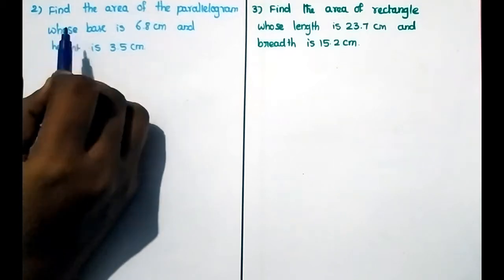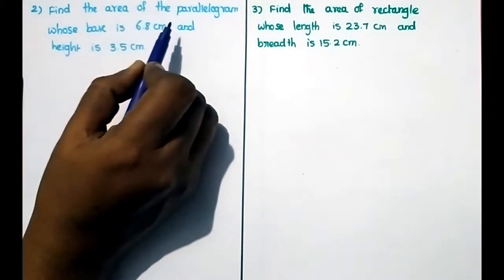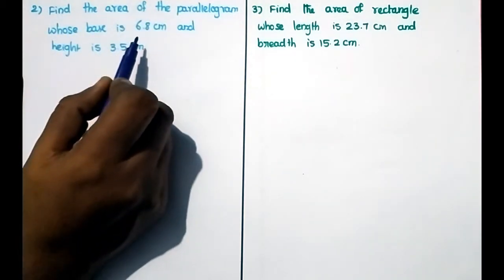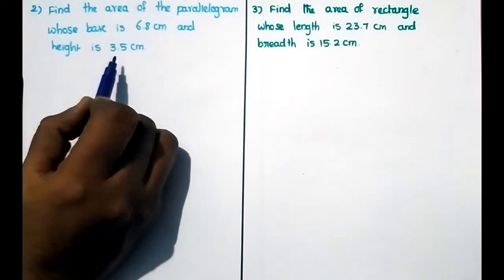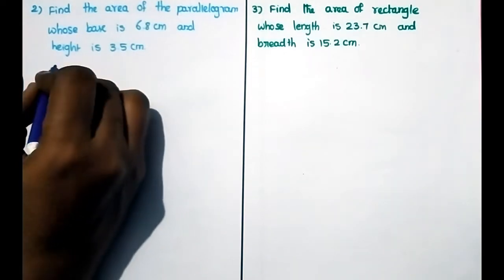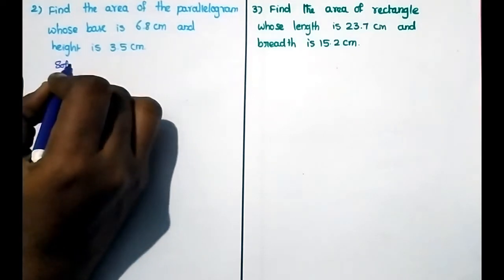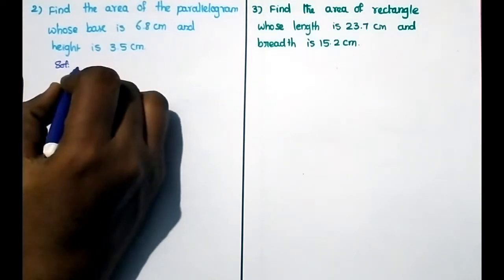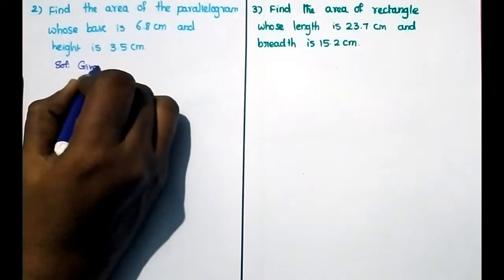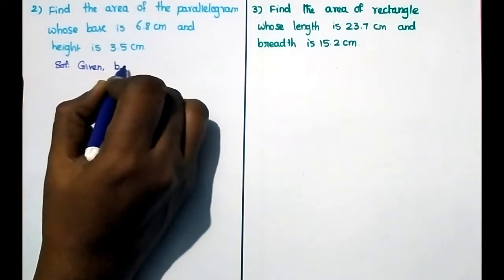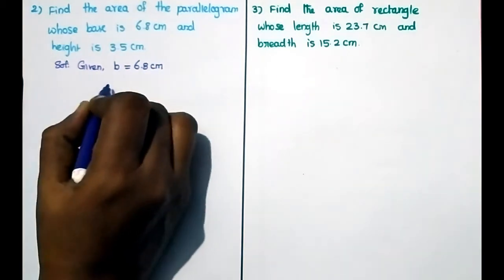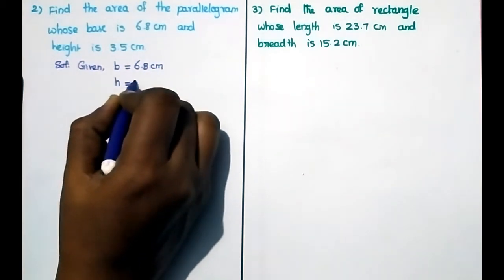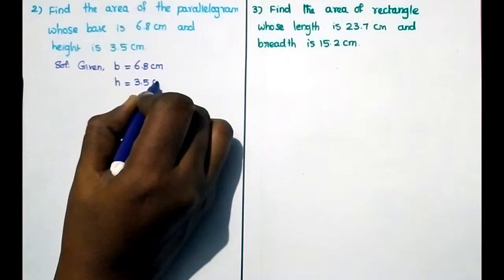Second sum, find the area of the parallelogram whose base is 6.8 cm and height is 3.5 cm. Listen. First write down what is given. Given base B equal to 6.8 cm and height 3.5 cm.